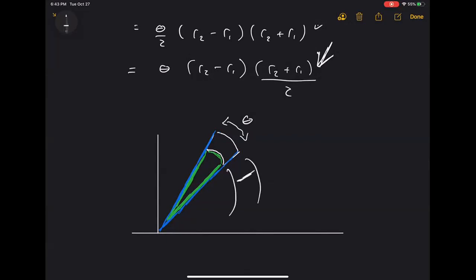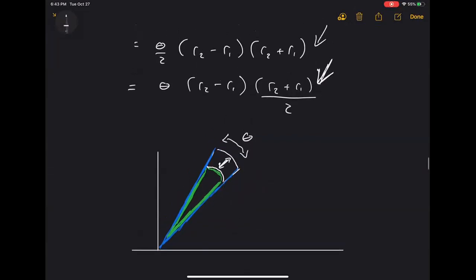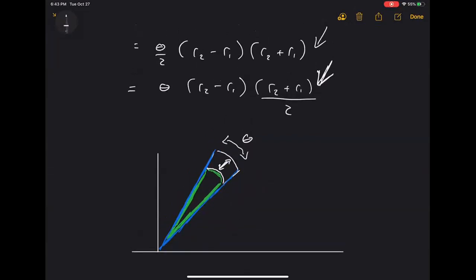So it's this distance right here. And then what's R2 plus R1 over 2? This is really an average, right? That's really the average radius on this region. So it's like choosing a radius right here in the middle.